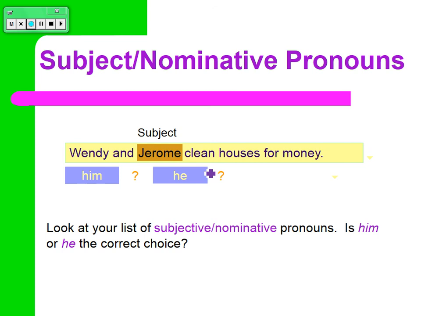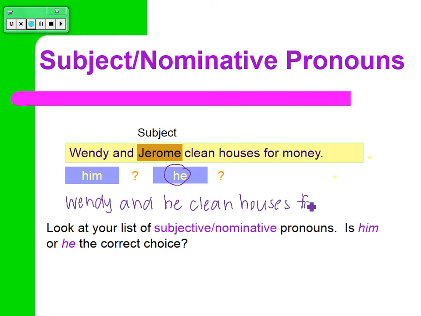Just make sure you fix the noun to be a pronoun. So Wendy and he clean houses for money. Okay, so for your example, you could write Wendy and he clean houses for money. Okay, and then underline he as the subject pronoun.